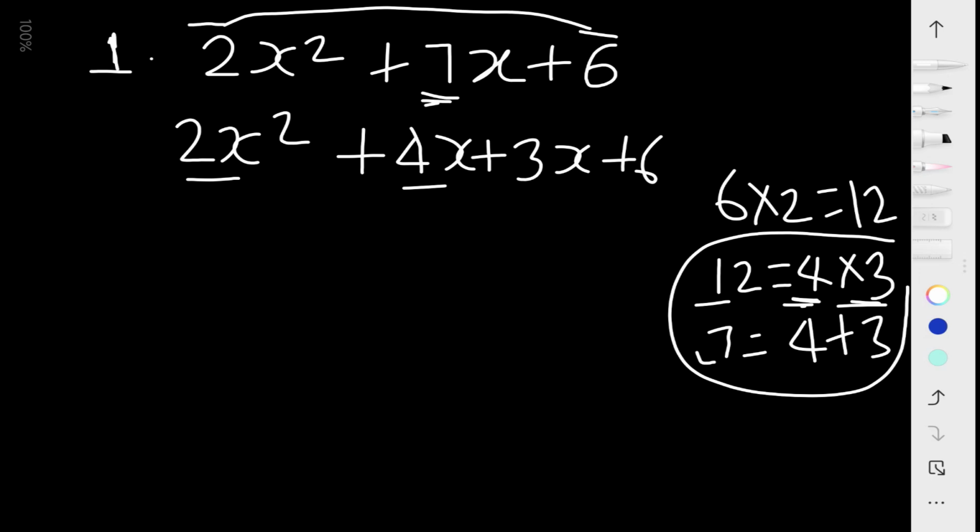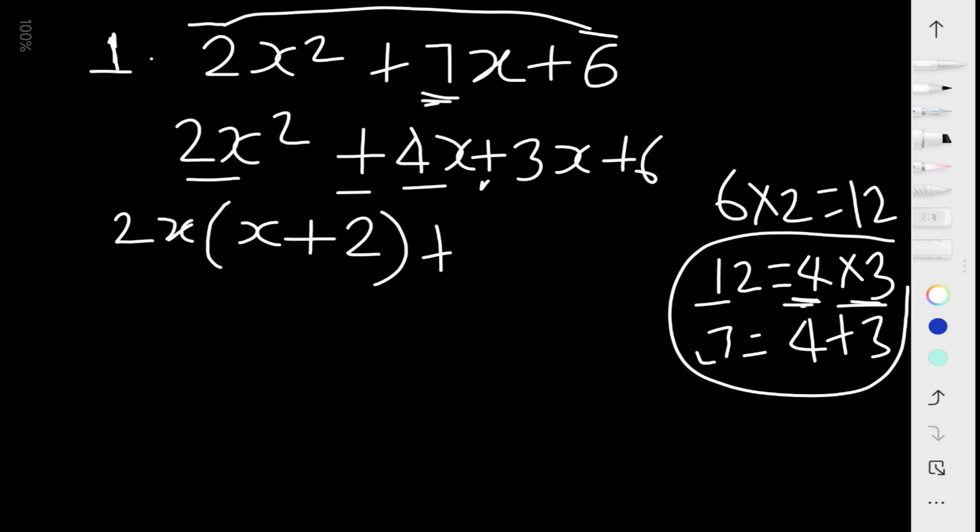Then you write 2x into x, what remains is x only, plus, because 2x is common, only 2 remains. Then plus, here you write common 3, remaining x plus 2.